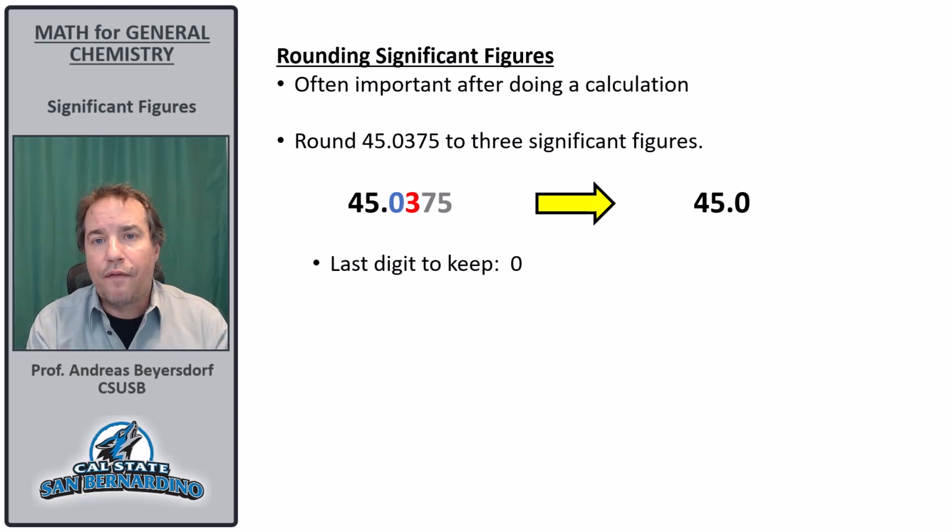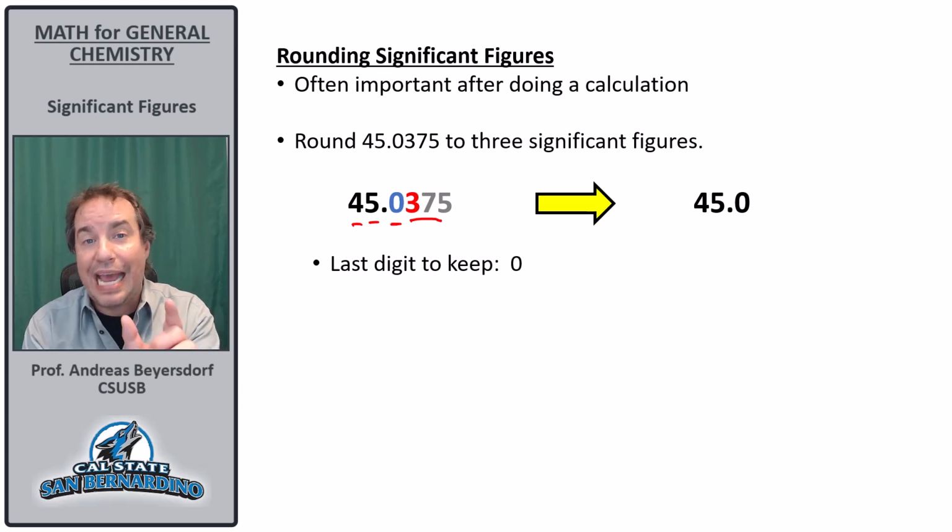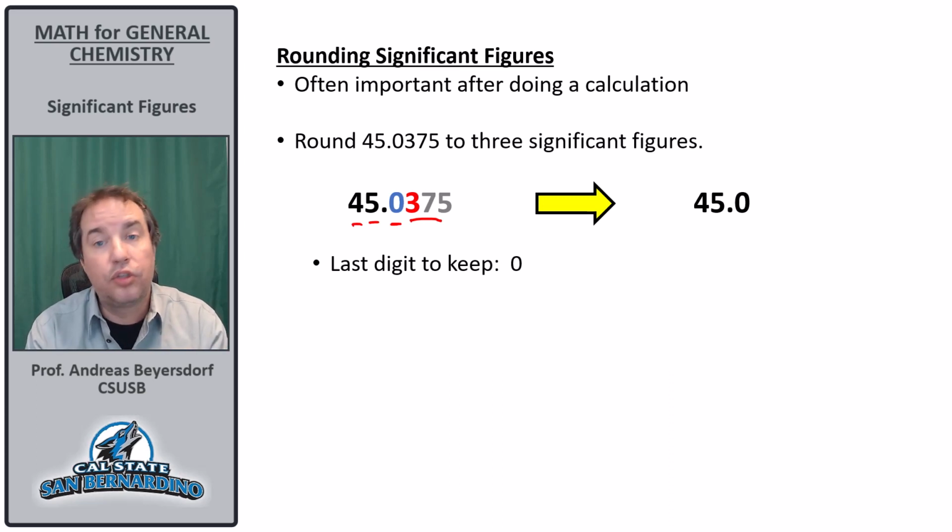First, let's look at 45.0375. The 4, the 5, and the 375 are all significant because they're non-zero. And this 0 here is between a 5 and a 3, so it is a captive 0, so it's also significant.